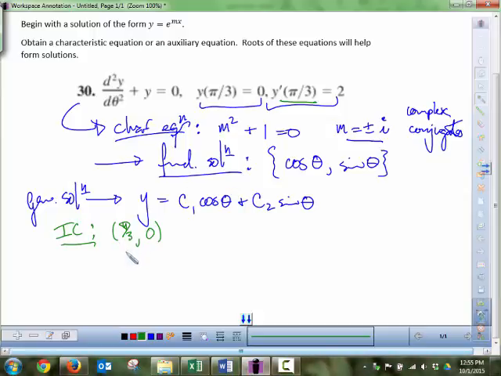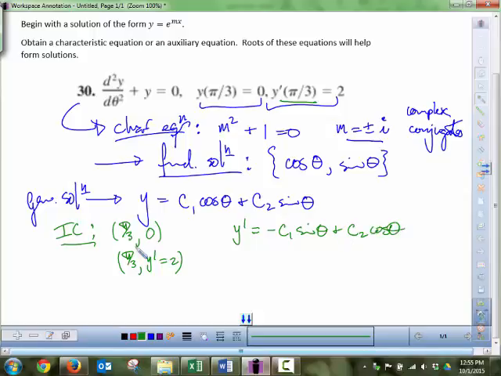All right, so we need the derivative of y. Our general solution, the C1 constant stays there. Derivative of cosine is negative sine. And derivative of sine is positive cosine.